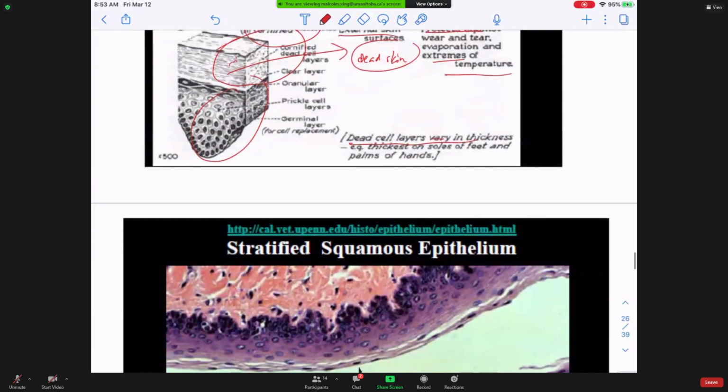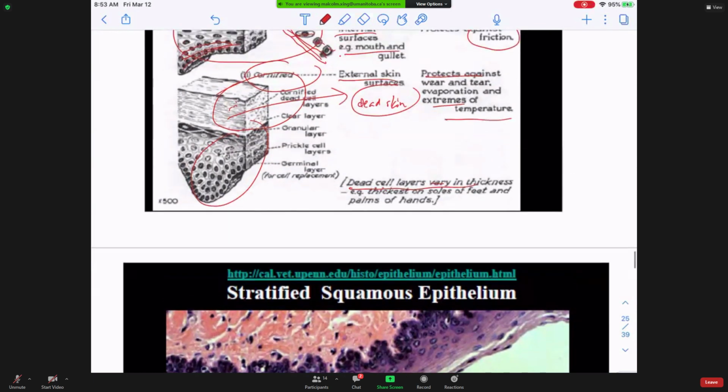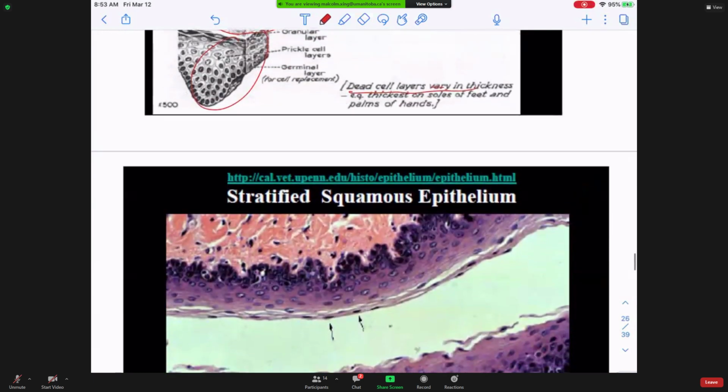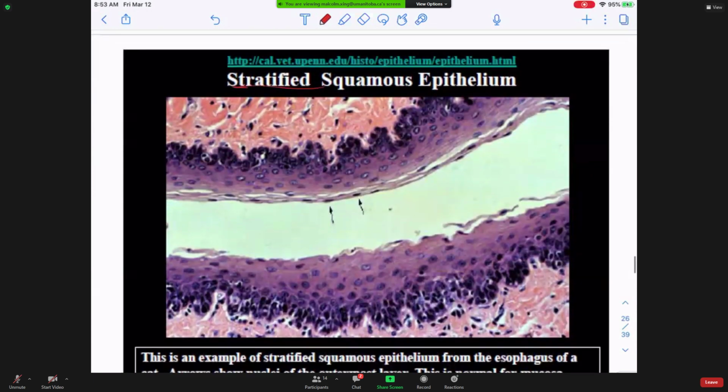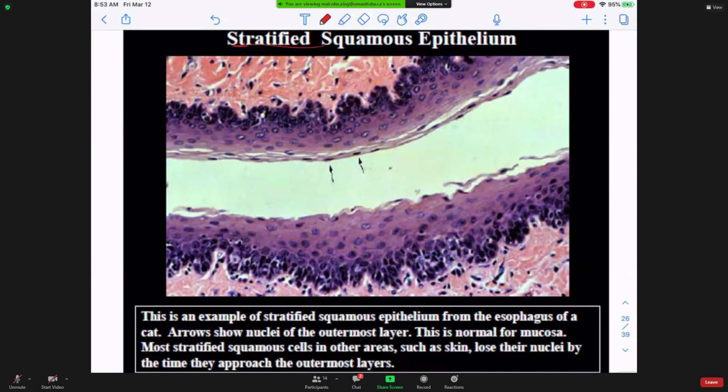That's our human skin's first layer. On top of the epithelium there is a specific layer with no cells, all dead. That's the stratified squamous epithelium.